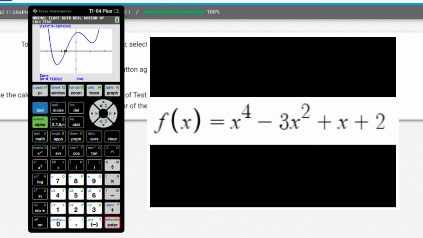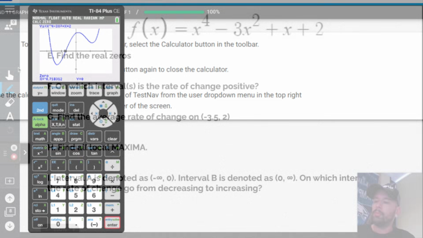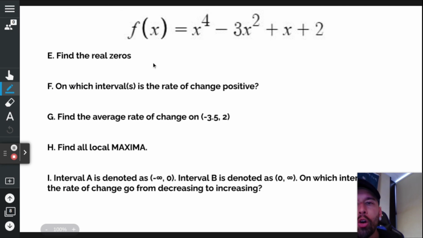So -0.7183 is going to be our guy. All right, so my graph crossed the x-axis in 2 spots, -1.702 and -0.7183. That's where it crossed the x-axis.